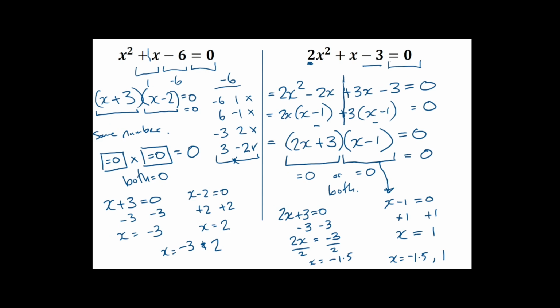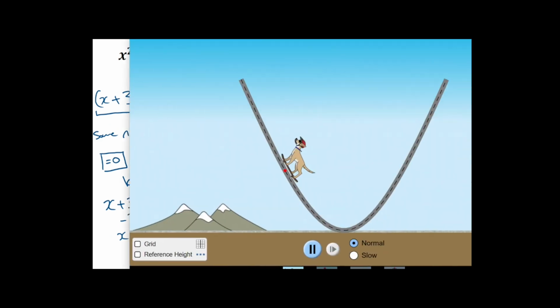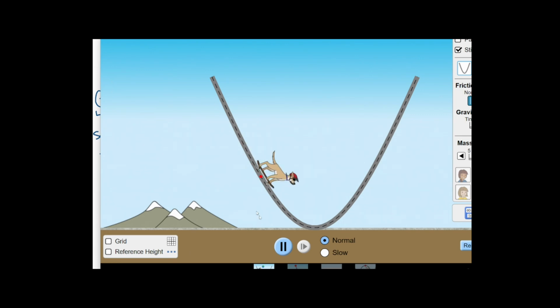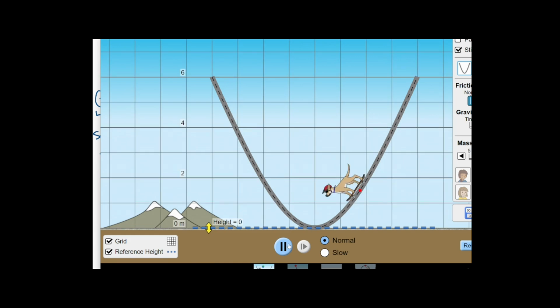If we look, for example, at something like this, this might not look like a graph, but when we put reference height and grid lines on it, it's starting to look remarkably like a graph.